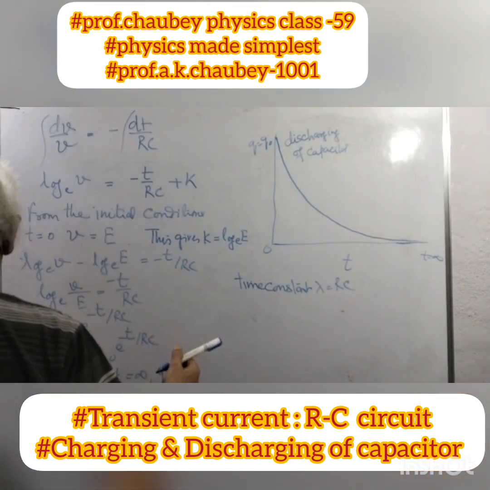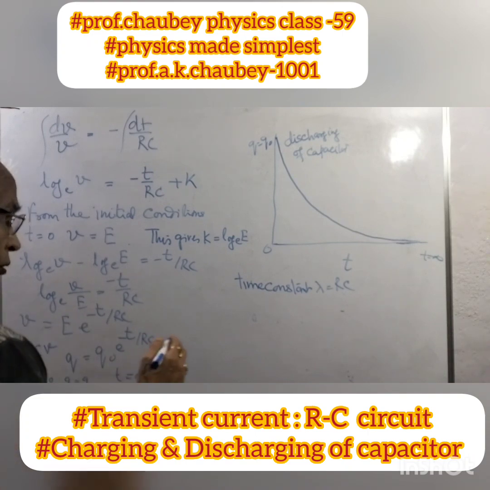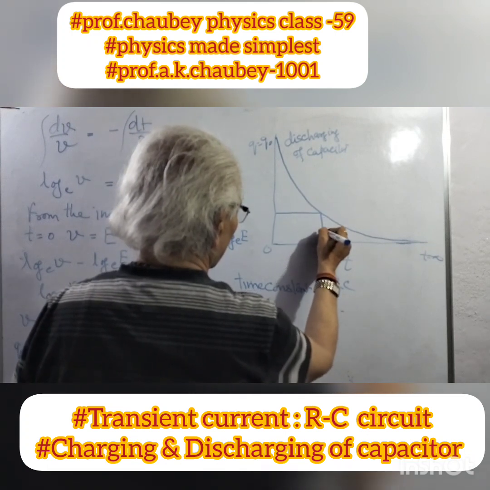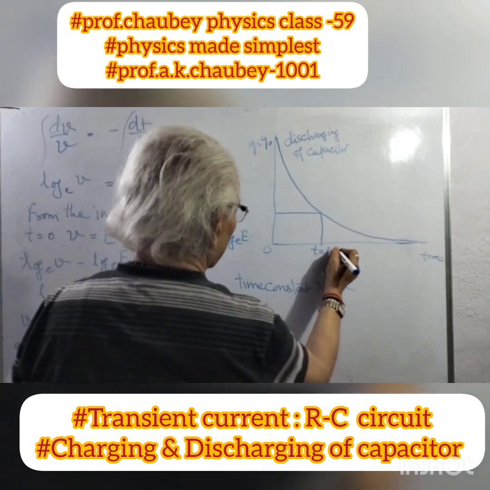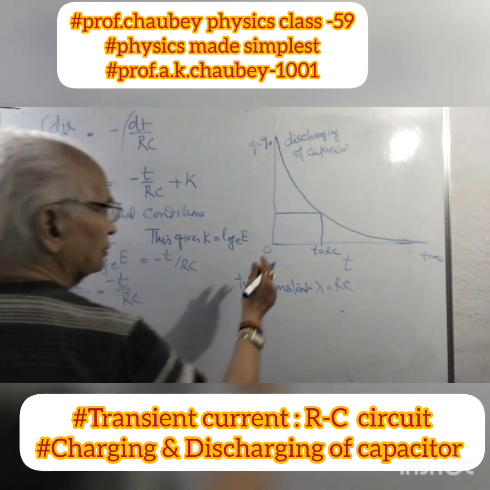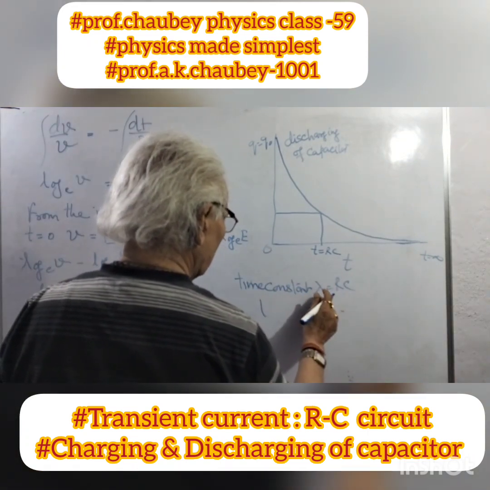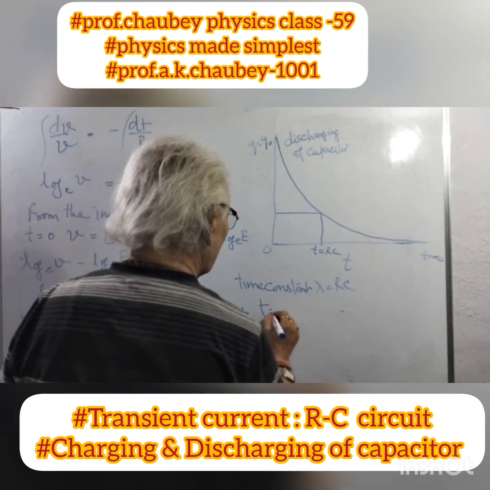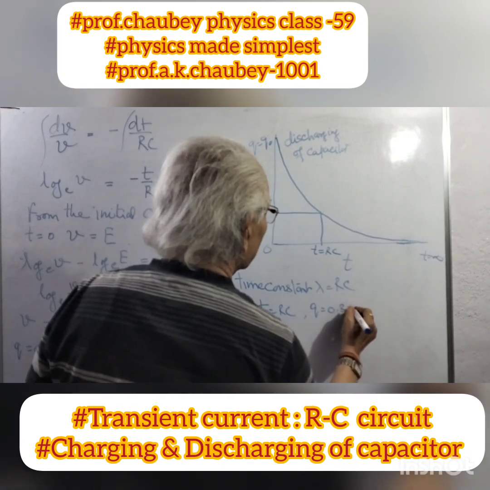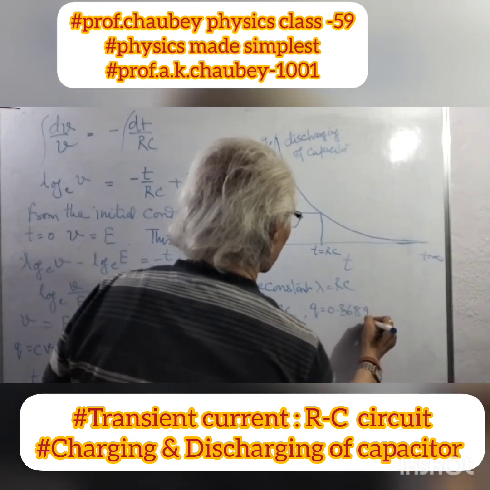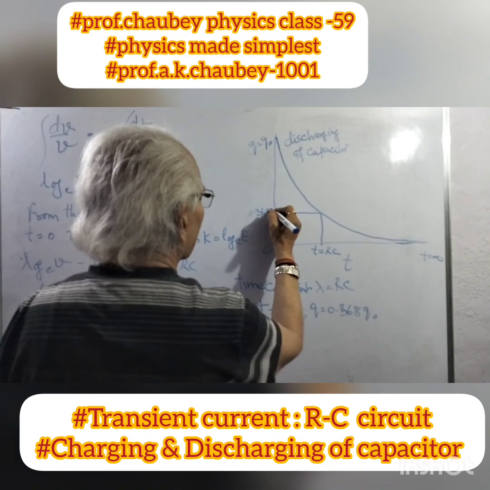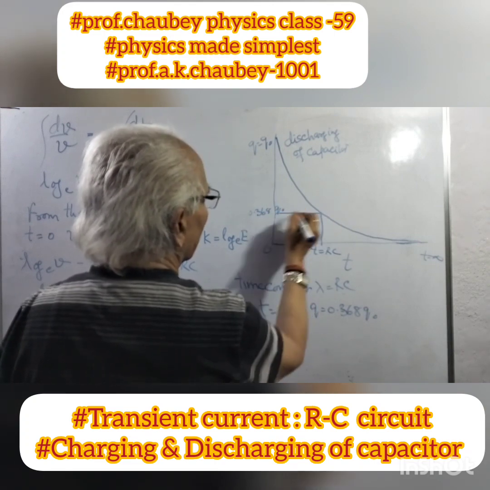You can find out here that at t equal to RC, in the equation, e to the power minus 1, so you can get Q at t equal to RC, Q is equal to 0.368 of Q naught. This value, 0.368 of Q naught.